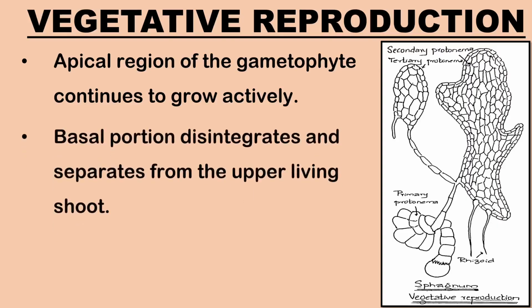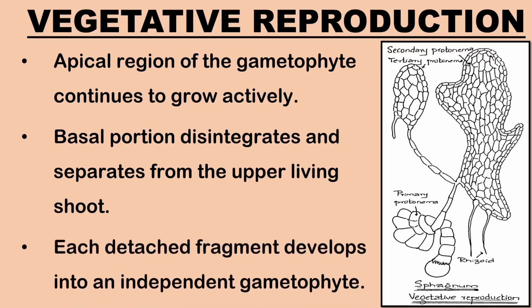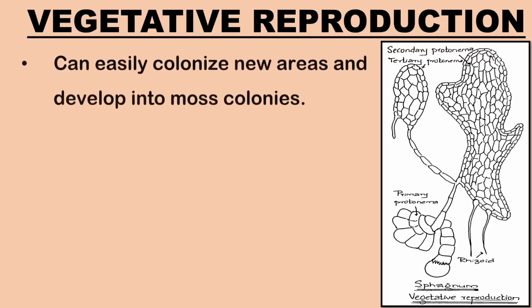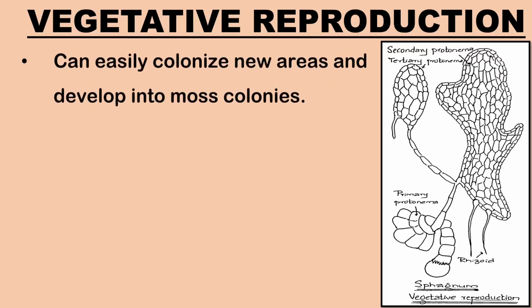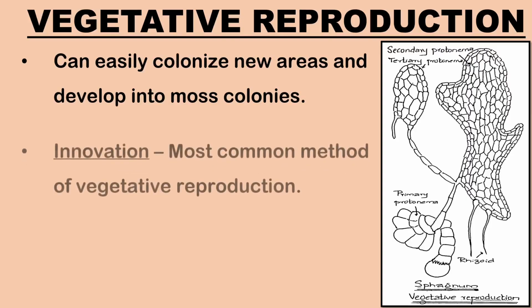The basal portion disintegrates and separates from the upper living shoot. Each detached fragment develops into an independent gametophyte. It can easily colonize new areas and develop into mass colonies.